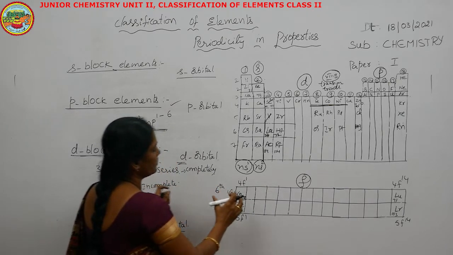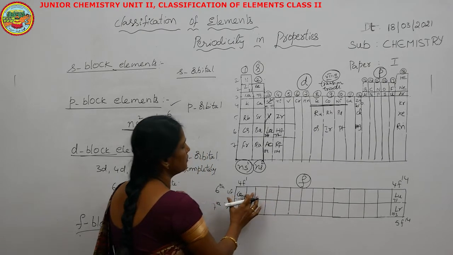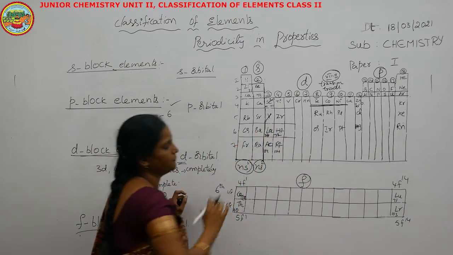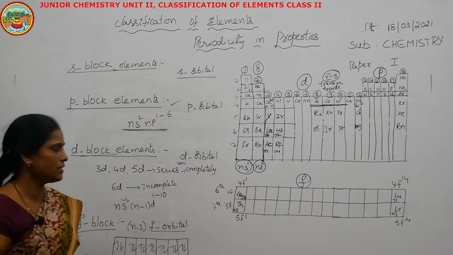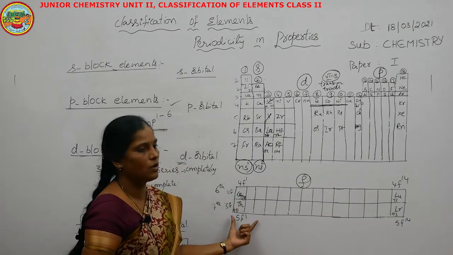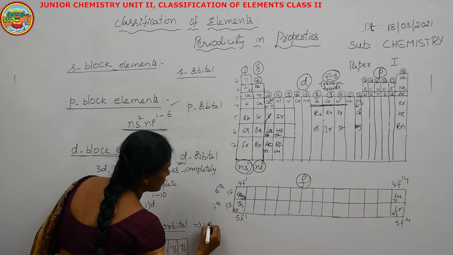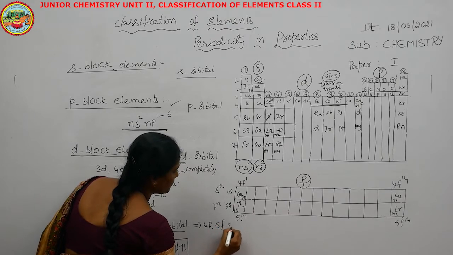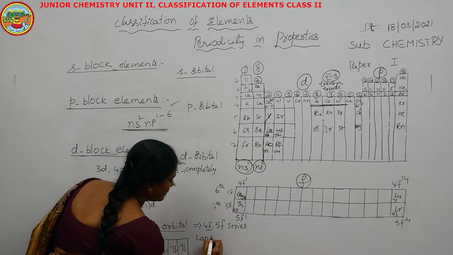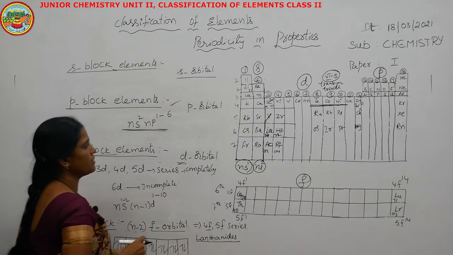And we said earlier that for these elements 58 to 71, the actual place is in the third group, after lanthanum. So that's why these are called lanthanides, and similarly the 5f series is called actinides. So in the f block there are two series, 4f and 5f. 4f is called lanthanides because they are placed after lanthanum.